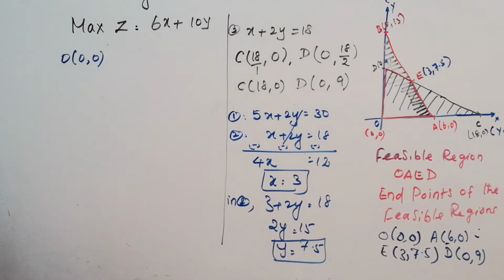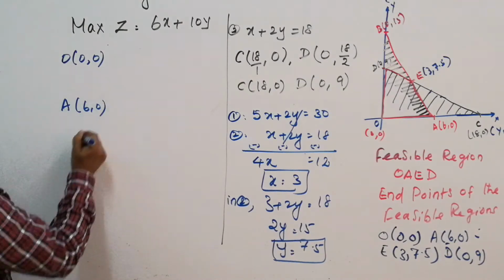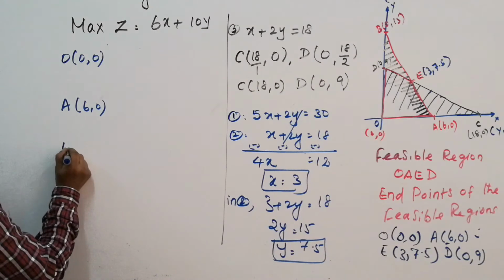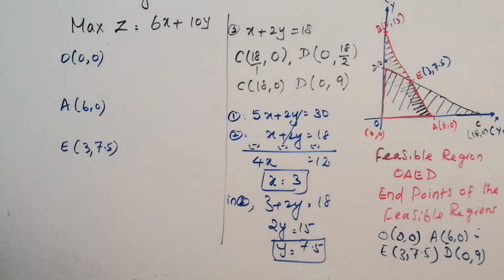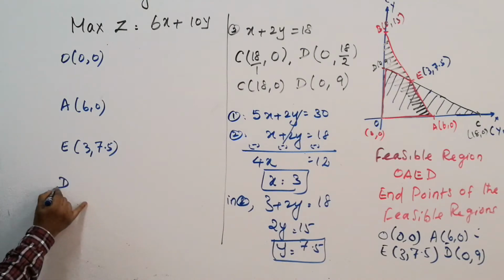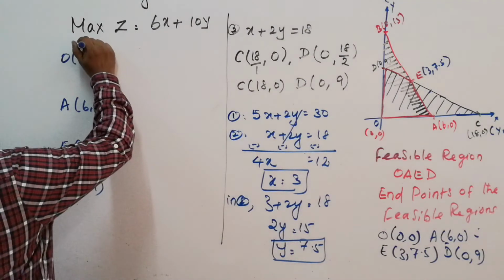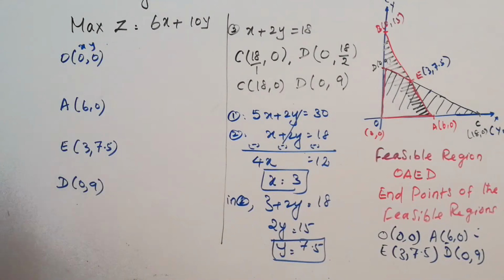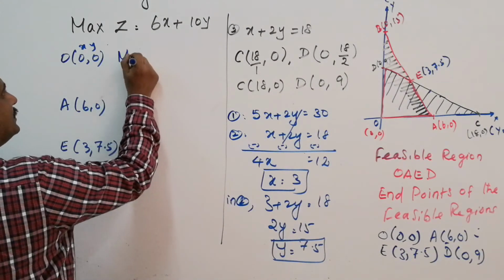Another point A 6, 0. Another point E 3, 7.5. And then another point D 0, 9. In place of x and y, I am going to substitute the values and find the maximum profit or maximum Z.